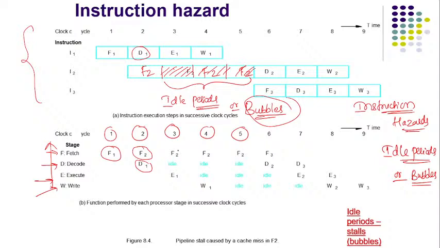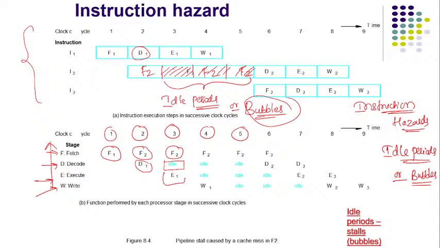In the third clock cycle it is again fetching the same second instruction, and decoding is not used. It is not decoding because the next instruction is not fetched, so it is in the idle stage. In that third clock cycle we are not using any decoding because the next instruction has not been fetched, so it is an idle period.